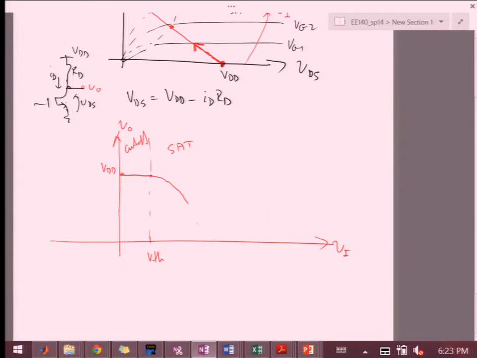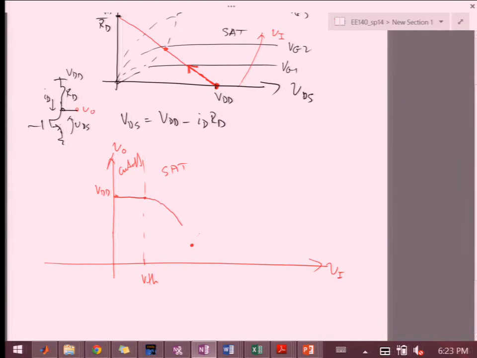Then there is a point here at which V out equals VI minus V threshold. At that point I'm going to enter the linear region, and then I'm going to slide down.